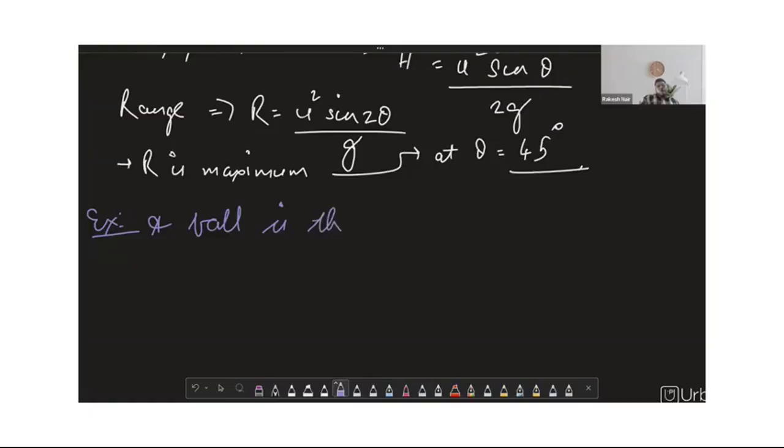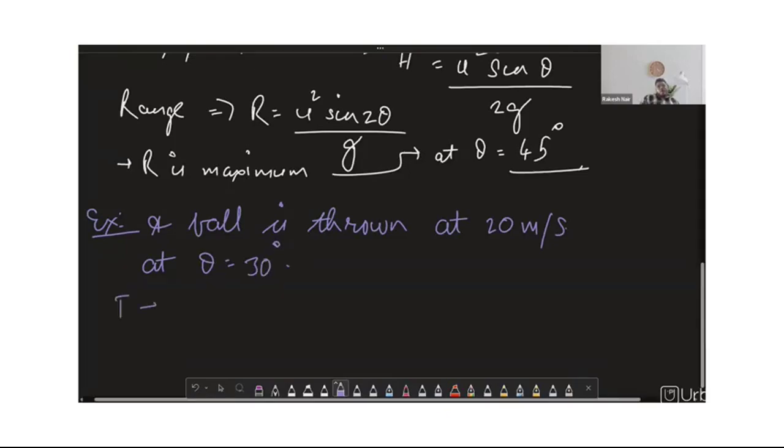A ball is thrown at 20 meter per second at theta equal to 30 degrees. What will be the time of flight?